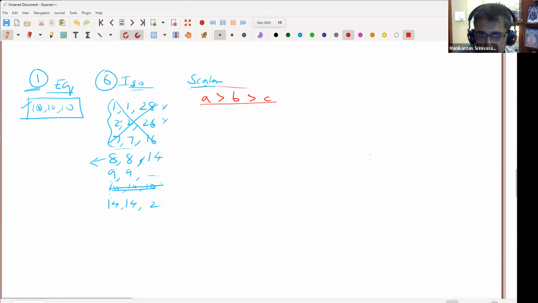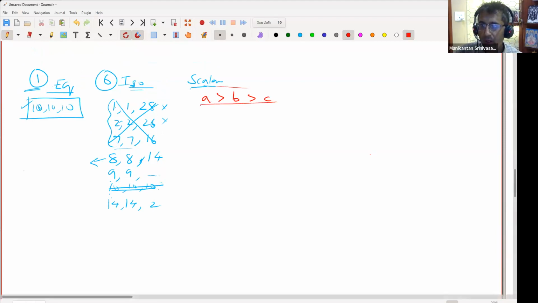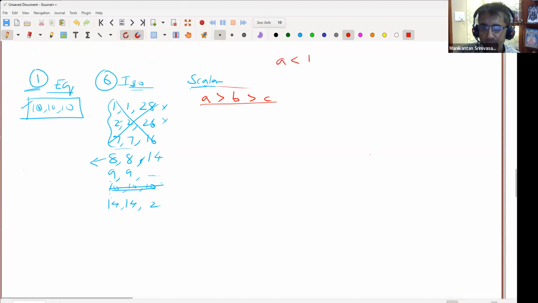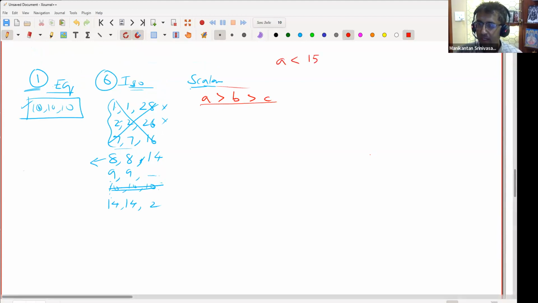Now, obviously, the longest side has to be less than half of the perimeter, which means A has to be strictly less than 15. We all agree, right? Because just to repeat, if A is more than 15 or even 15, then B and C add up to only 15, which won't form a triangle.